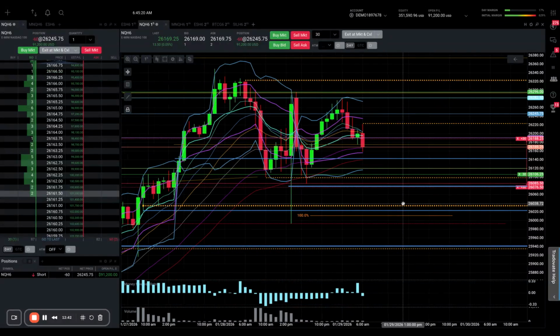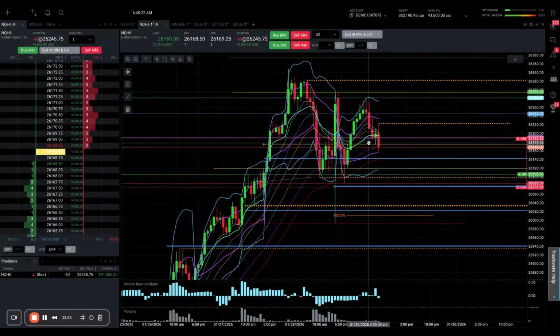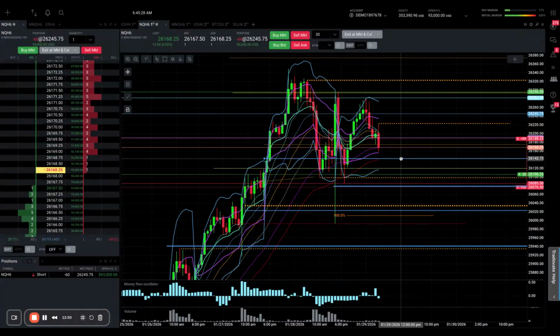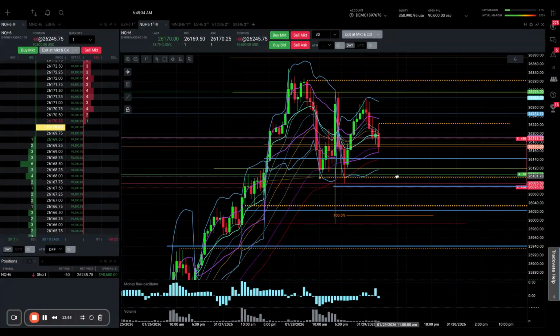So as of right now, we broke past that 50% point here. We're definitely going to most likely get into the 142 area, and most likely get into the 26,100 area as well, close to this morning, until we start to find support, guys.